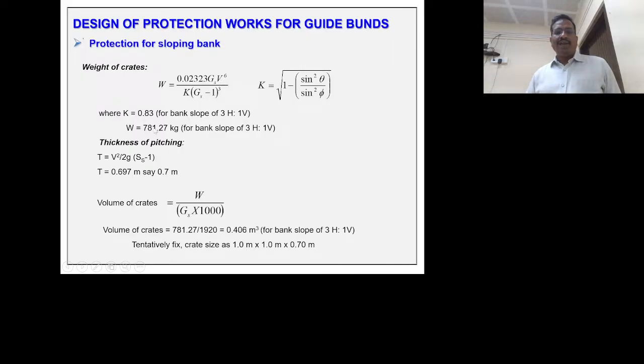By using this value, the weight we get is 781.27, and the thickness of pitching of this particular protection work on the slope we get by this equation, v squared by 2g into (Ss minus 1), that will be 0.7. After that we are calculating the volume of crates, and after getting the volume of crates we are deciding the size of the crates.